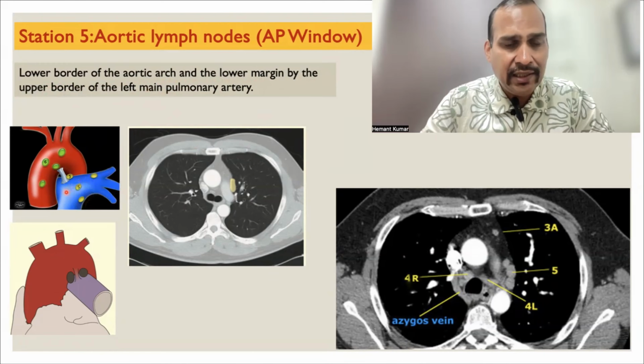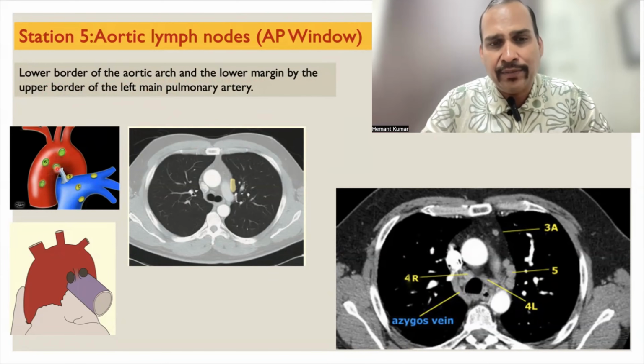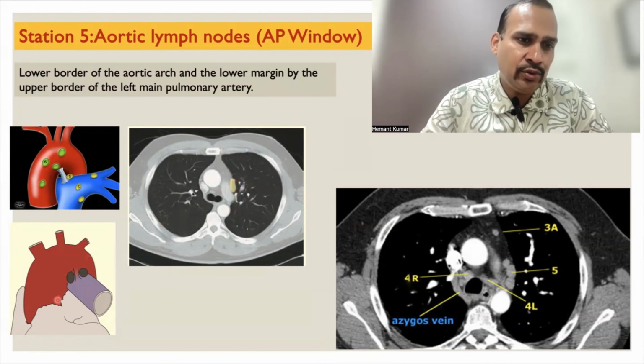This is the left main pulmonary artery and above is the arch of aorta. Between them, this is the descending aorta. This is the pulmonary artery and the lymph node between the two is station 5. So this is subaortic, sorry, aortic lymph node.